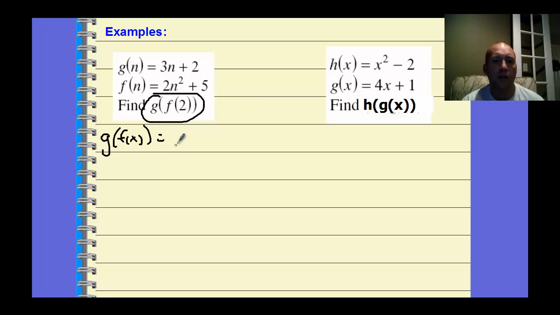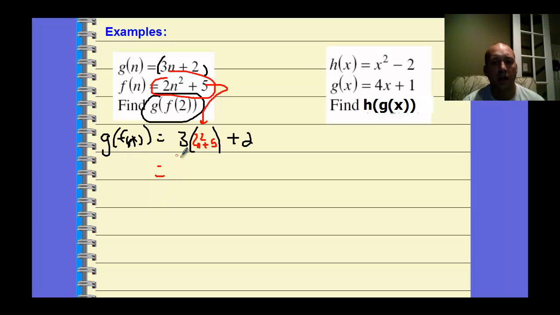So if I write my g function, and instead of writing n, actually it should be n instead of x, instead of writing n in this function, I'm going to replace it with whatever f is. So I put in the f function. The f function goes in place right here. So it'd be the 2n squared plus 5, so it goes in place.